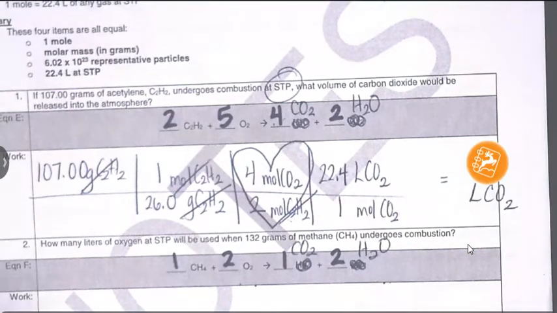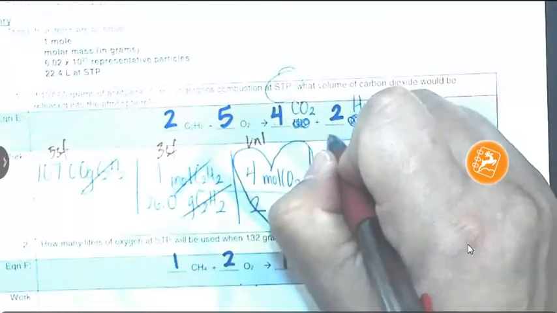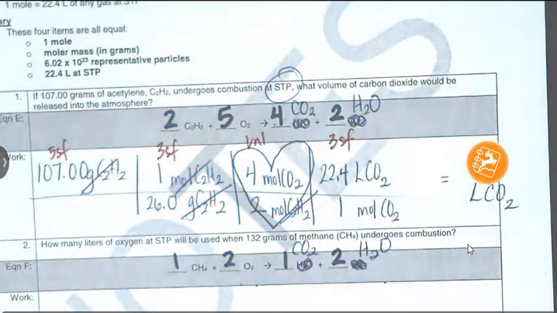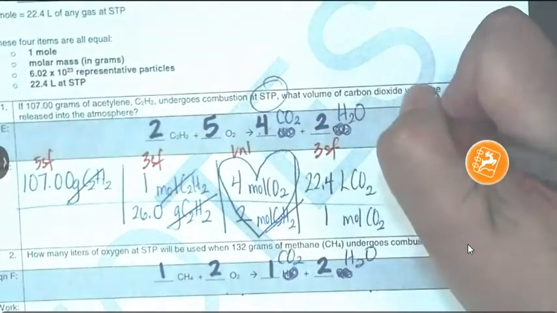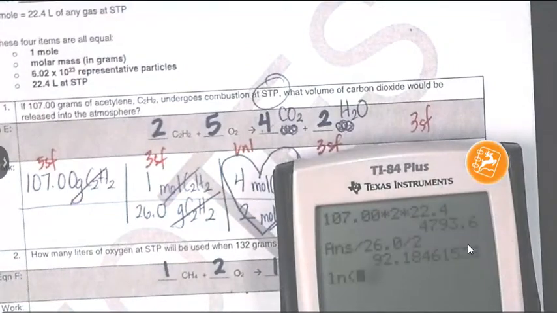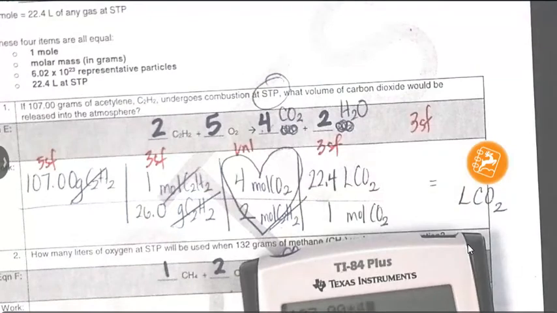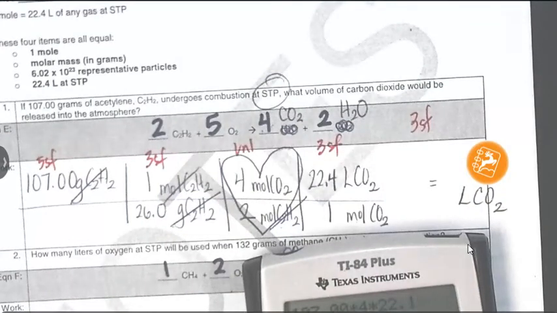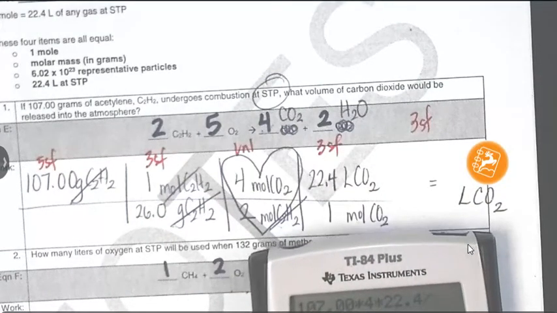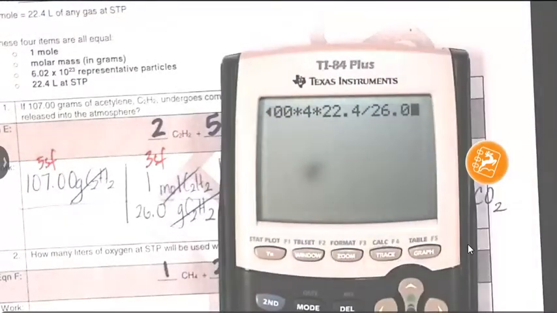Okay, so now we put this in our calculators. This one has 5 sig figs, 3 sig figs, unlimited for the mole ratio, 3 sig figs for 22.4 liters. So I'm going to round to 3 sig figs. So if we put this in our calculators, we're going to take 107.00 times 4 times 22.4 divided by 26.0 divided by 2.